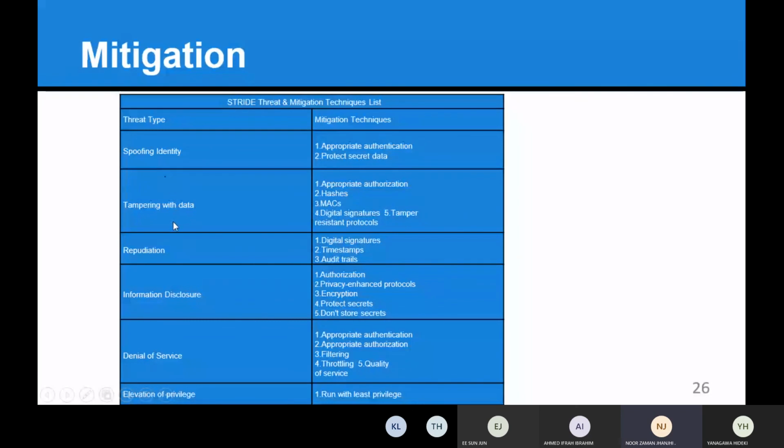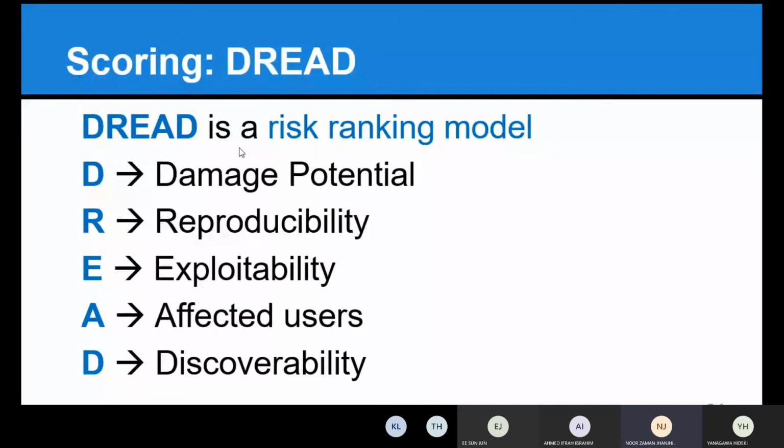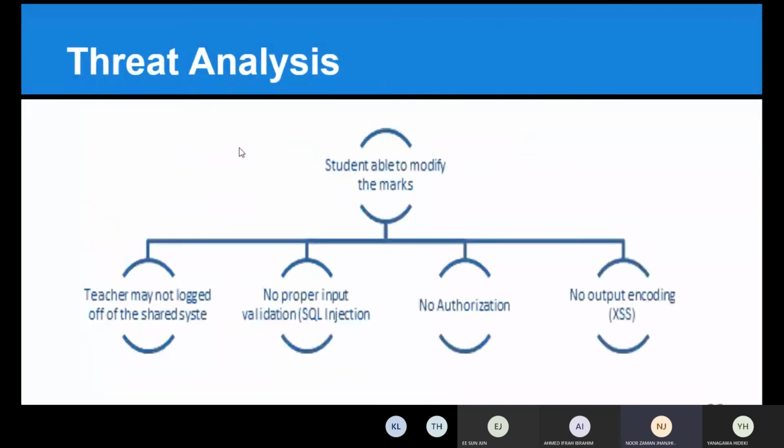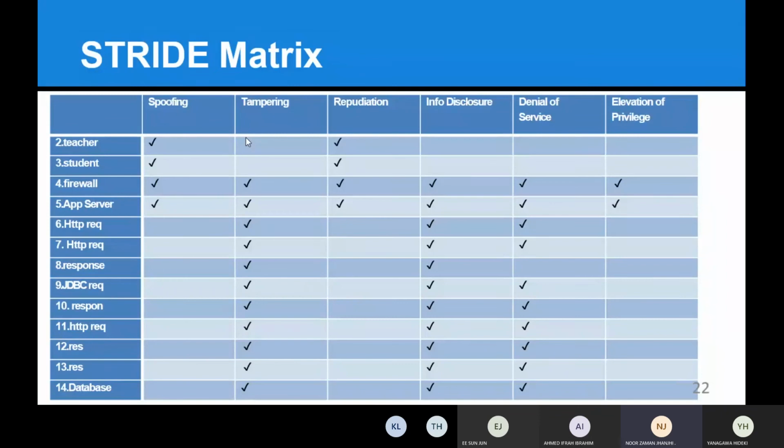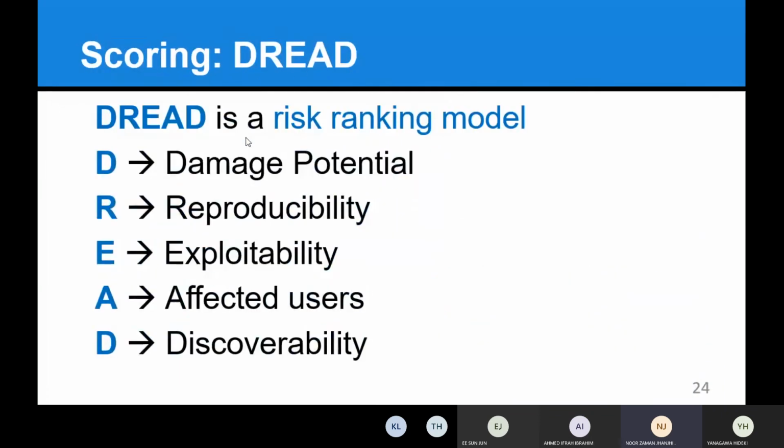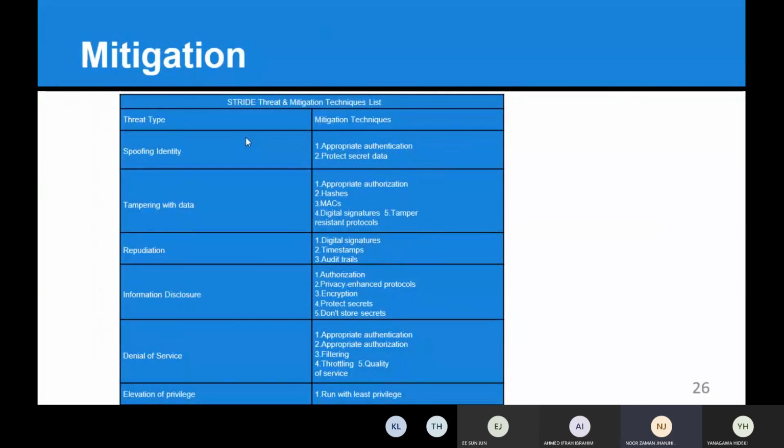So for all of these things, whatever issues we found, we pinpointed in this slide, which is actually the matrix of the STRIDE. Now we are trying to give the suggestions and mitigations for how they will all be controlled.